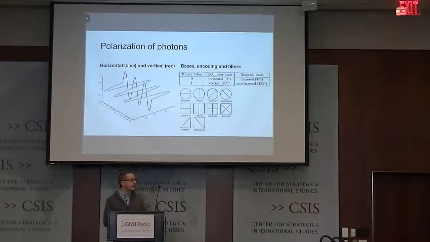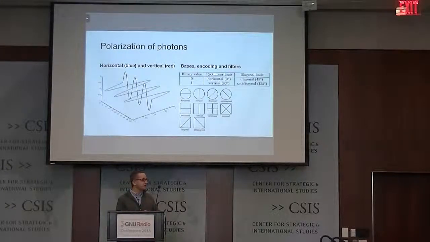Now, a little bit about the background behind that. When a photon travels in space, it vibrates according to a certain angle. Here on the left, I picture in an abstract manner two photons: one blue that vibrates horizontally, and one red that vibrates vertically.